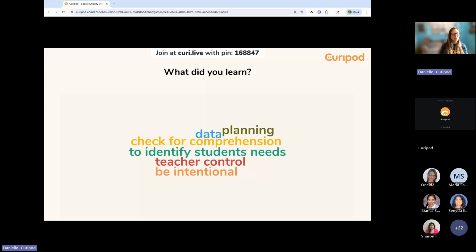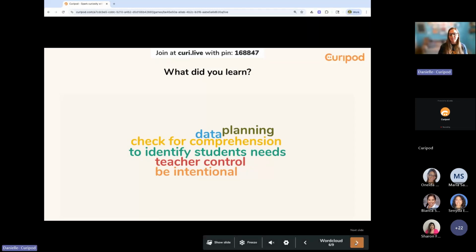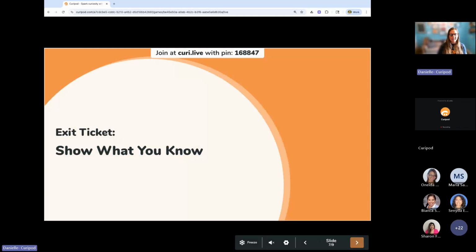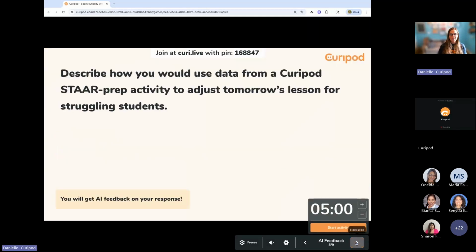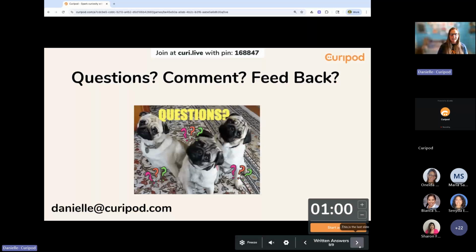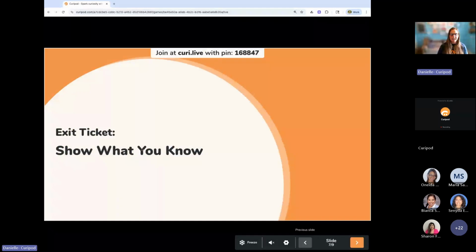How long does it take you to take that feedback and generate data to show you how your students are performing? I imagine it might take a while. So I want you to think about that and how we can utilize AI to do that. We're going to come back to this and answer this question as our exit ticket.